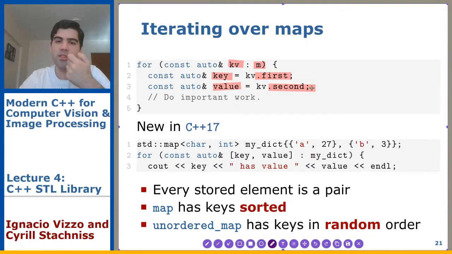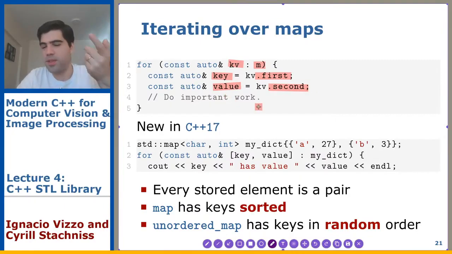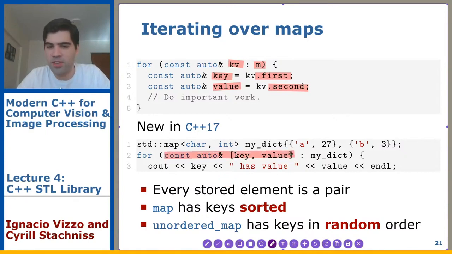The key is the first and the value is the second one. There's nothing wrong with this, but it's more code you need to write. Starting in C++17, you can use this syntax and just say, okay, for key, value in dictionary, just use key and value. So this is much better to read, right?